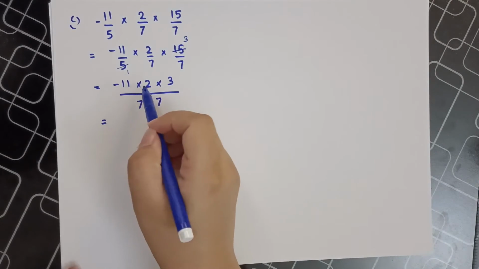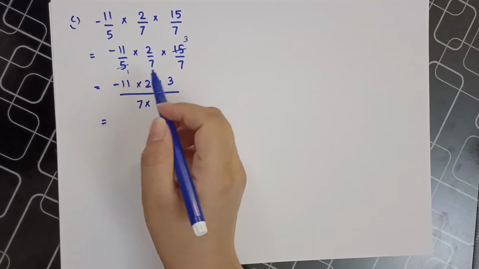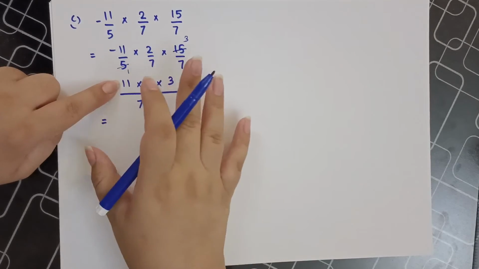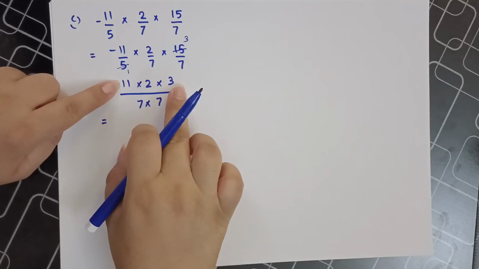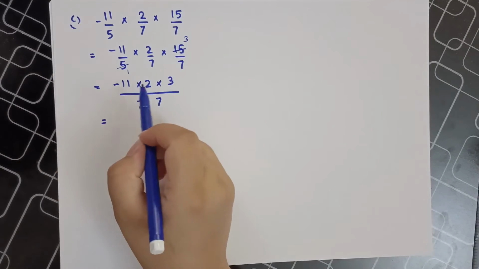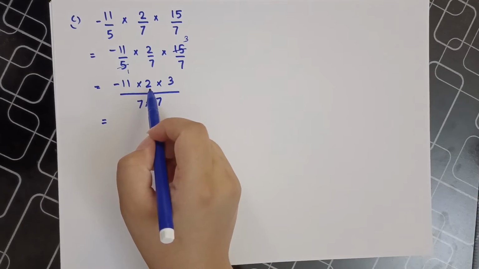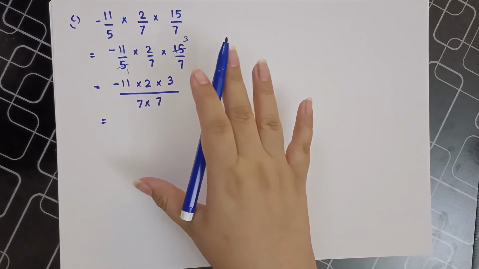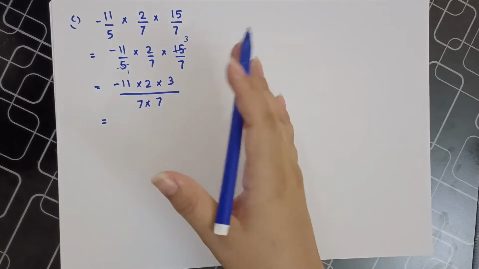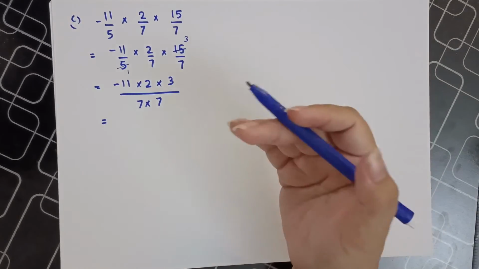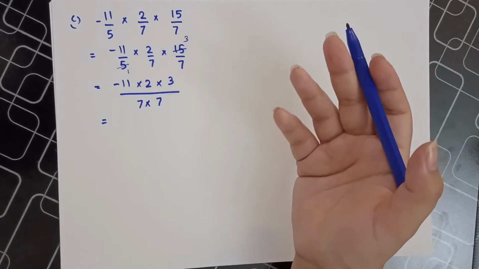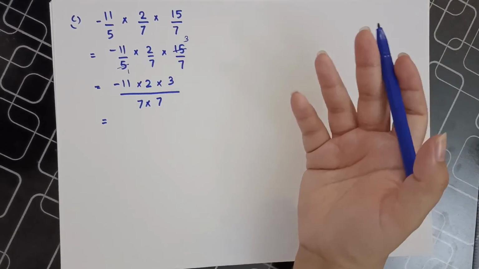Now here you can see, ignore the negative sign first, just multiply these three numbers together. So 11 when multiplied by 2 becomes 22. The table of 11 is very easy. Like if it gets multiplied by 3, it will become 33, 4 is 44, 5 is 55, same.